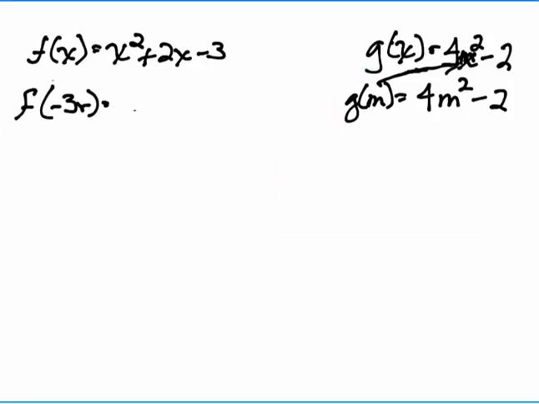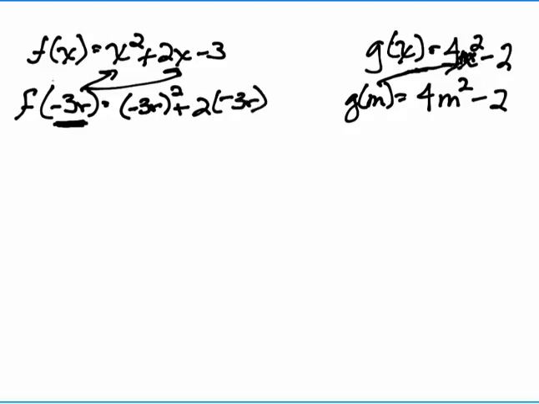Okay, here on this one, they tell us f of negative 3r. You must take the entire thing inside there and replace it for each x. So, here we go. We have a negative 3r, and that's squared. Then we're adding 2 times a negative 3r, and leaving our constant at a negative 3.